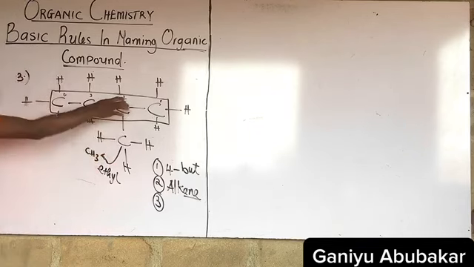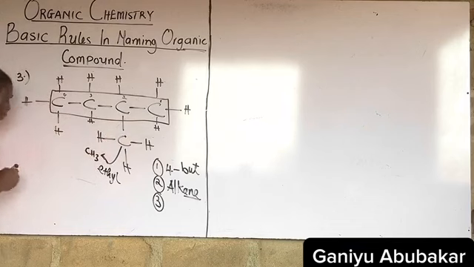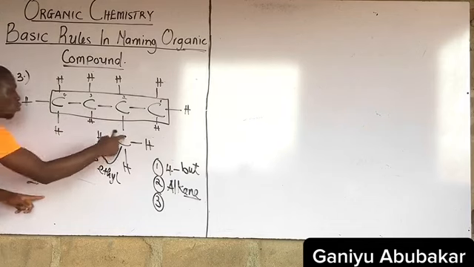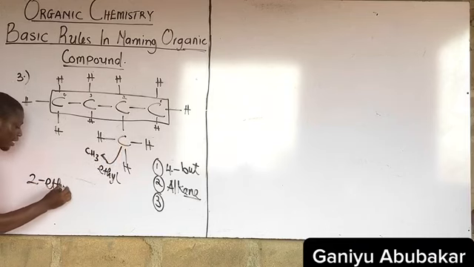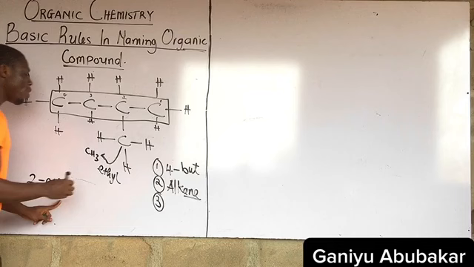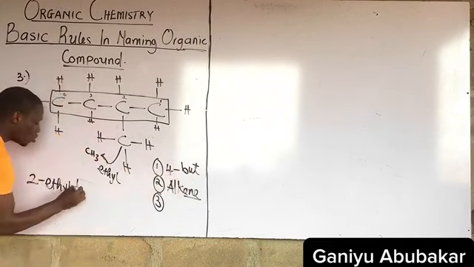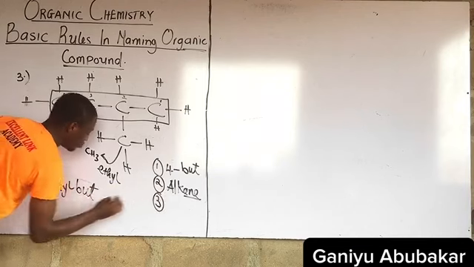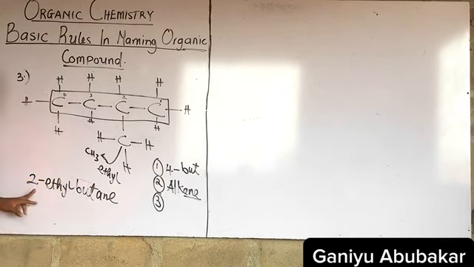This substituent falls at position 2, so that becomes 2-methyl. Next, the functional group here is butane, ANE. So this compound is called 2-methyl butane.